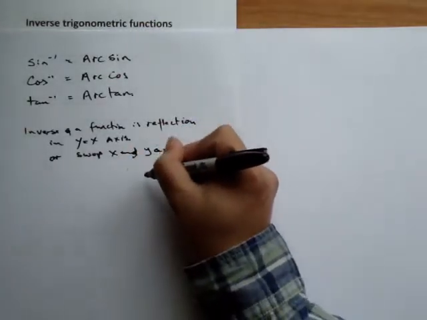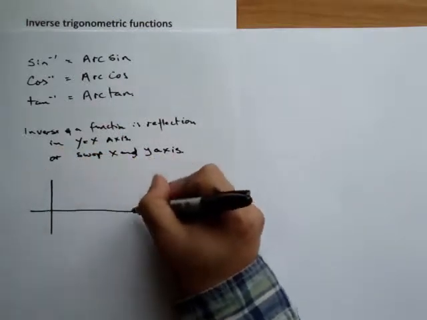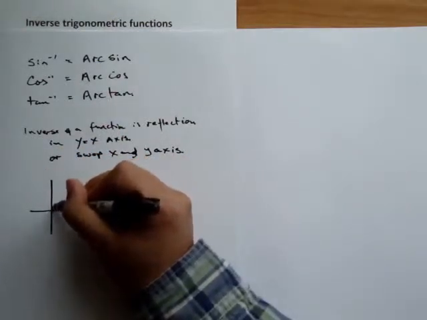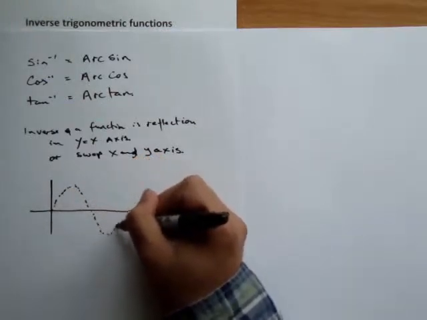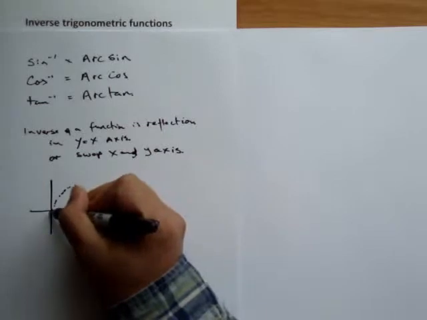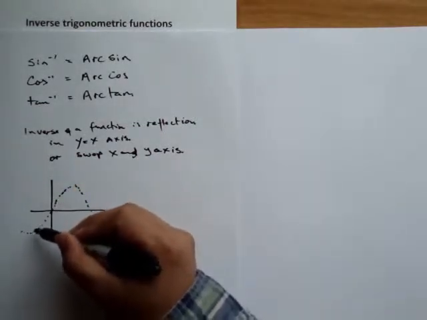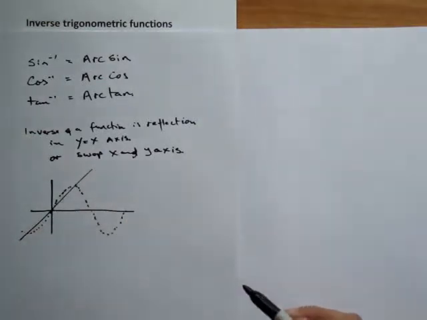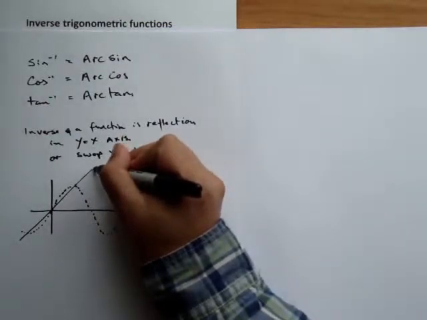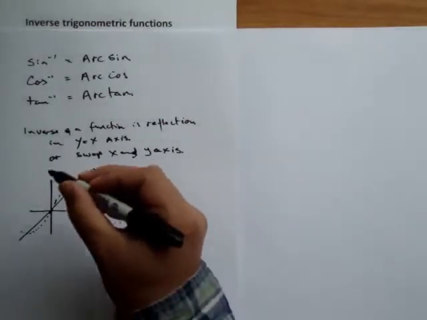So if we have a sine curve, and it goes down here. So here we have the y equals x axis, and we want to reflect in that axis. What do we get?